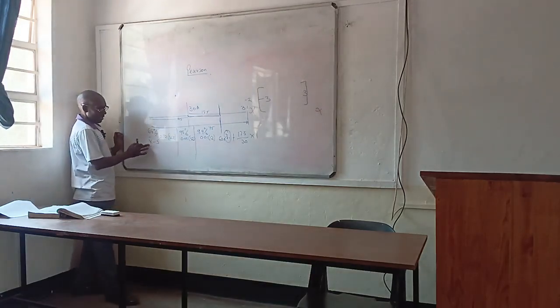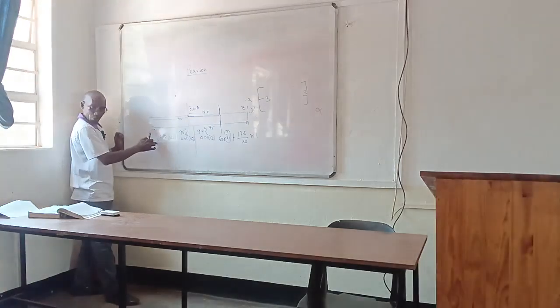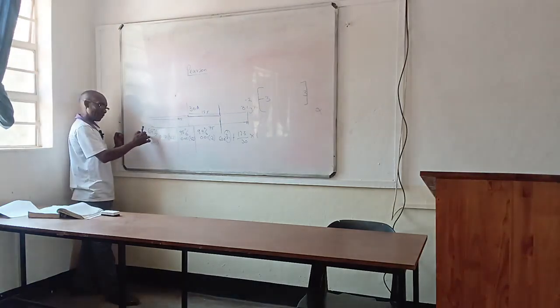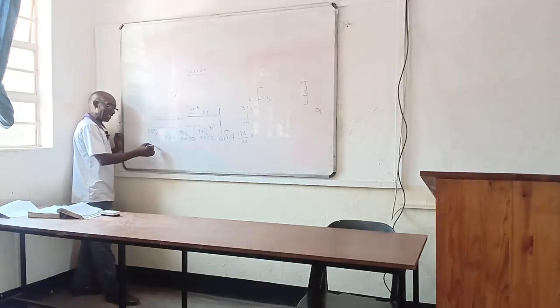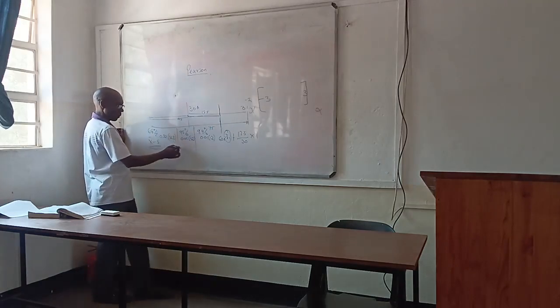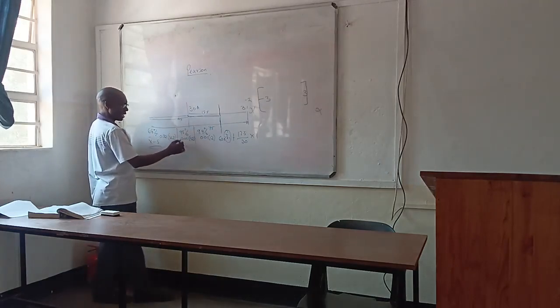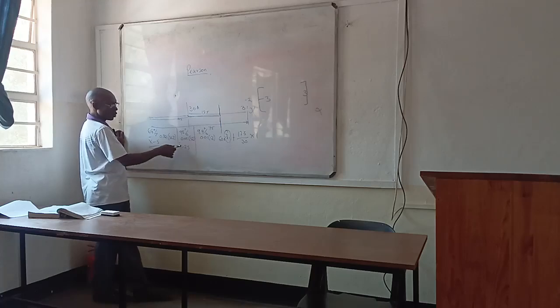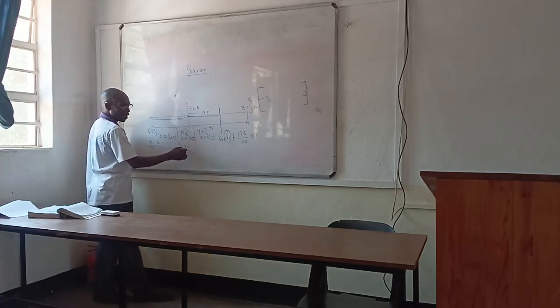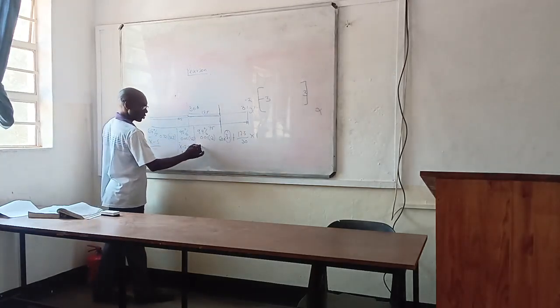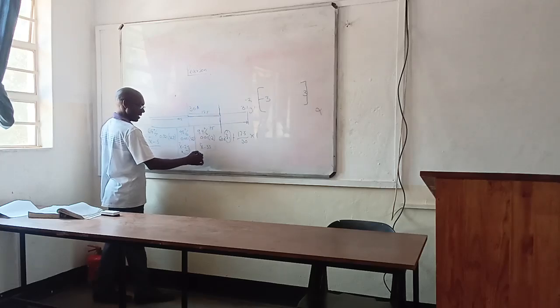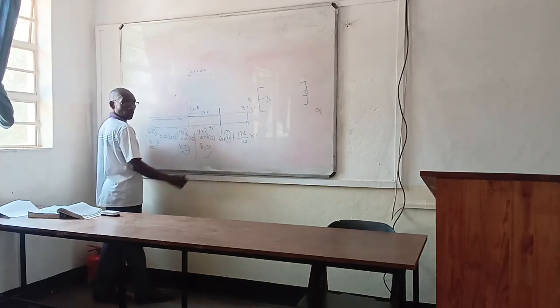With 95%, the distribution lies within 2 standard deviations of the mean. Where you have 99%, it means the distribution lies within 3 standard deviations of the mean.